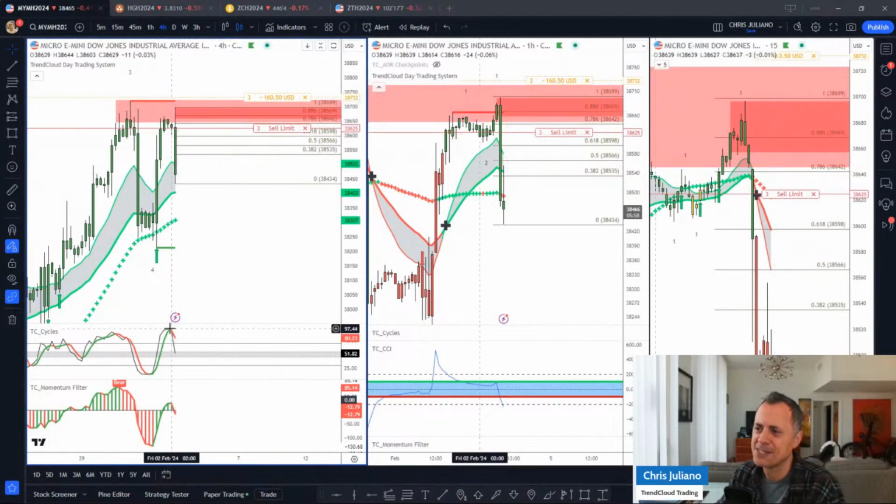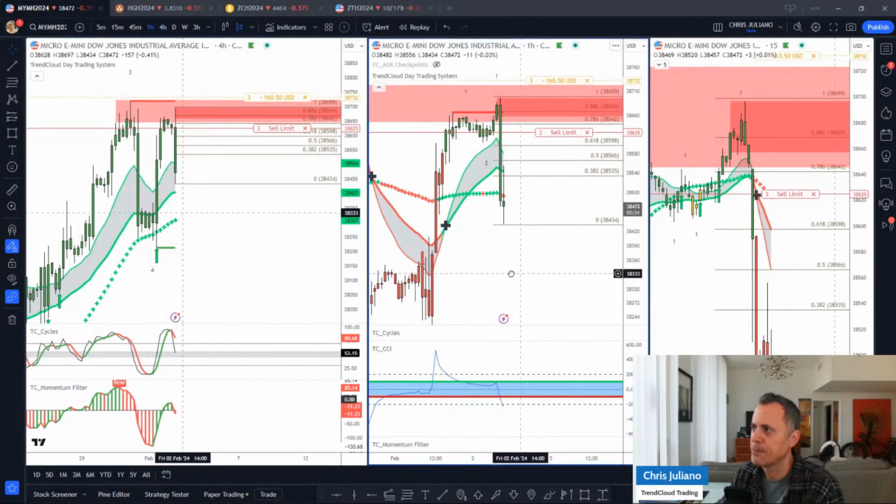We're cycling down with a lot of momentum, and CCI is below negative 100. So we've got high time frame momentum and middle time frame momentum with us. And we have just formed this double top.